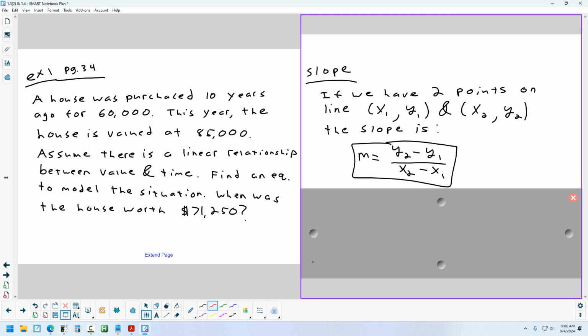What is y2 minus y1 called? So in terms of the slope, it's the vertical distance between the points. But it's also called the rise. x2 minus x1 is the horizontal distance between the points. And we call that, okay, that's the run. Yeah. So slope is rise over run.